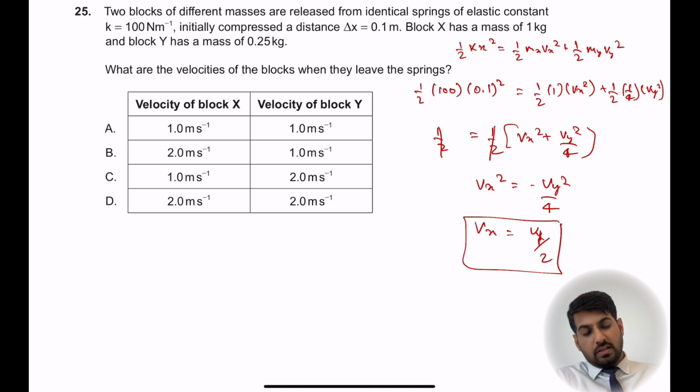Now if you look at these options, which can support this? So vx is vy by 2. So option C is the only option which supports this equation, guys. So this is the way to solve question number 25.